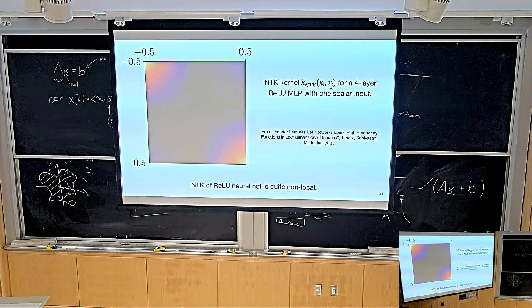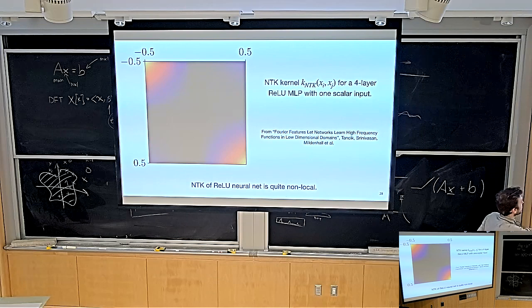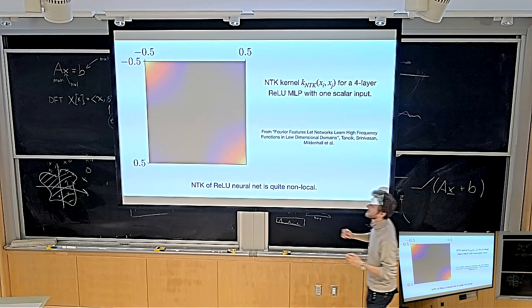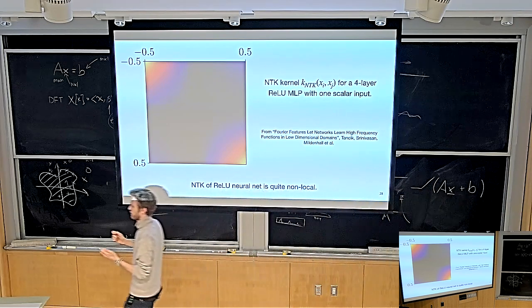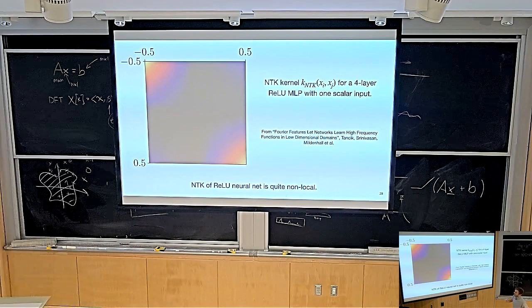Imagine there would be x1 here, and on the other axis there would be x2. And this is exactly the neural tangent kernel between x1 and x2. This is what this kernel looks like. So this basically tells you what the kernel function of the neural network looks like.